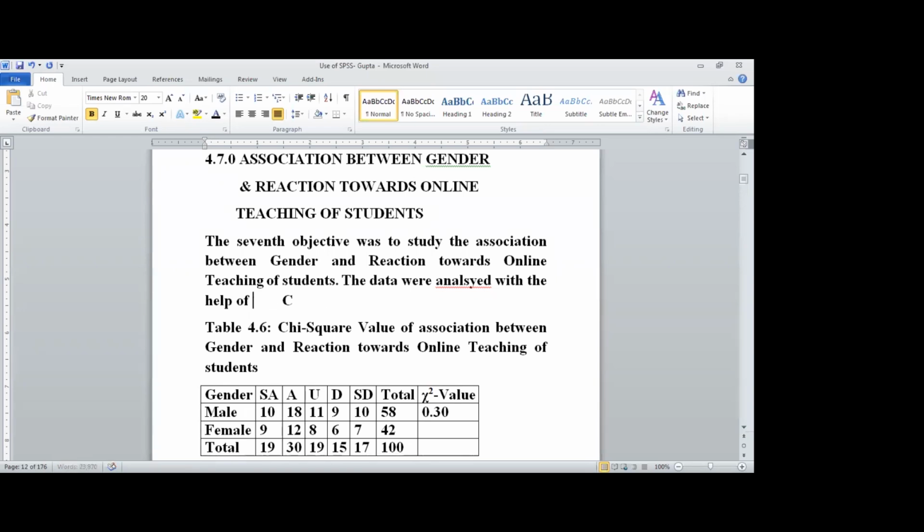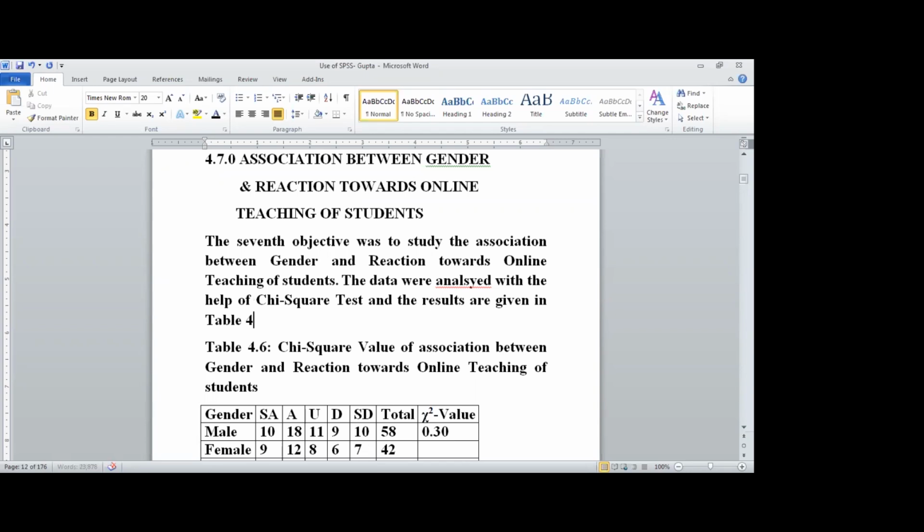You can write that also. And the results are given in table 4.7.